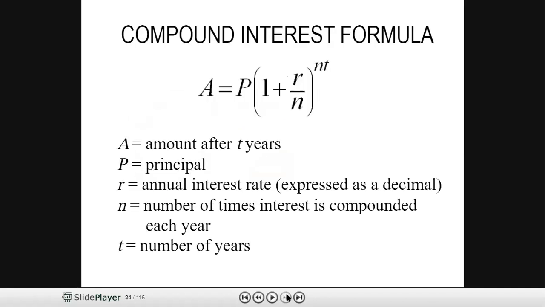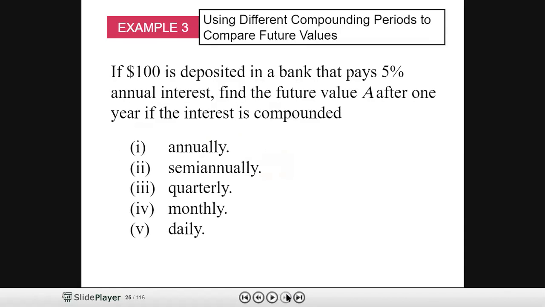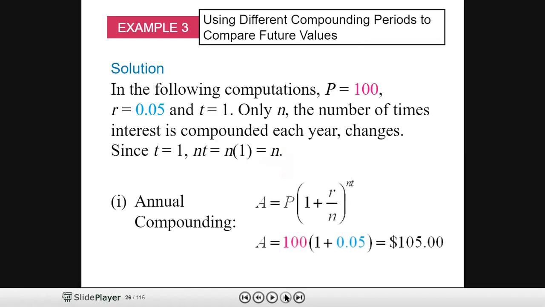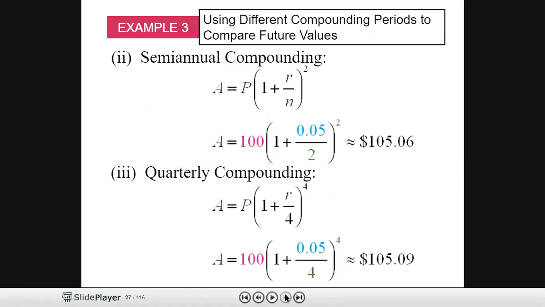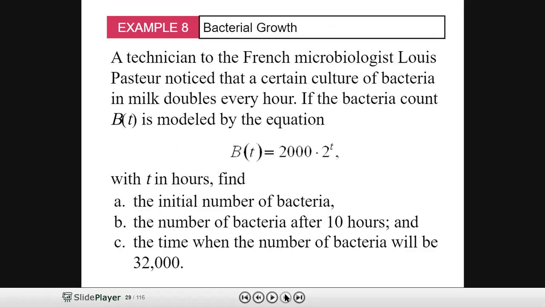Compound interest can be calculated in this way, using different compounding periods: annually, semi-annually, quarterly, monthly. This is not our topic, but these exponential functions are used to calculate the compound interest.